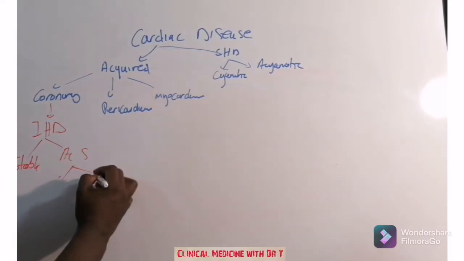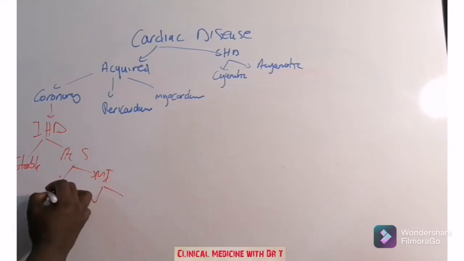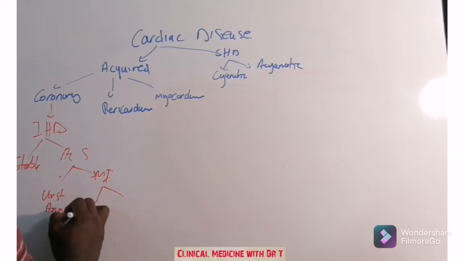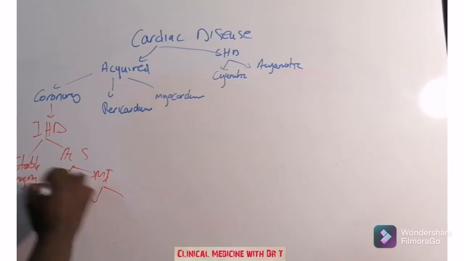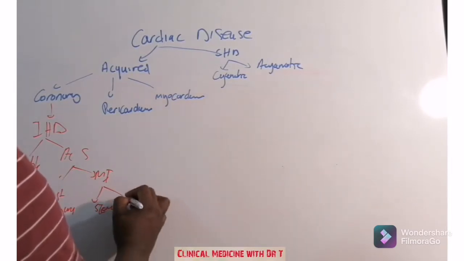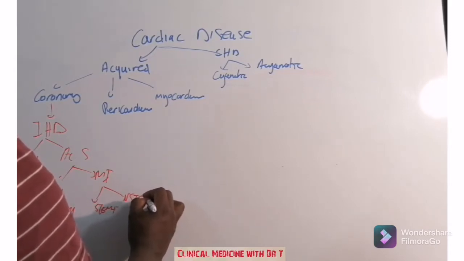Then here you get your two types of MI, STEMI and non-STEMI, and unstable angina this side. Stable angina, STEMI, non-STEMI, and STEMI.